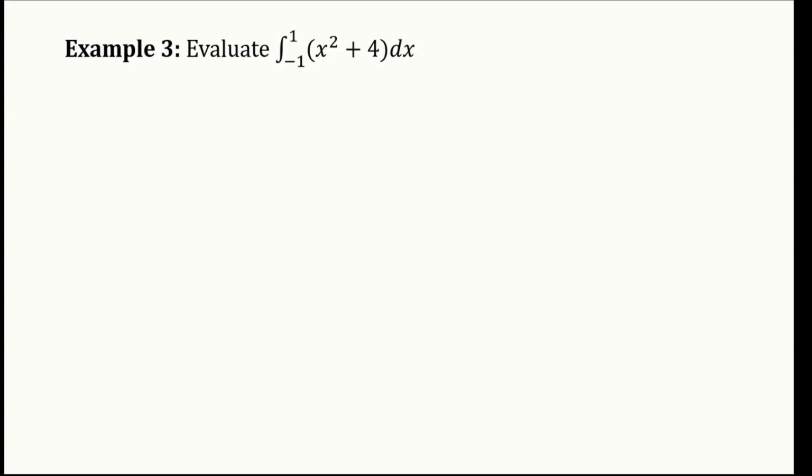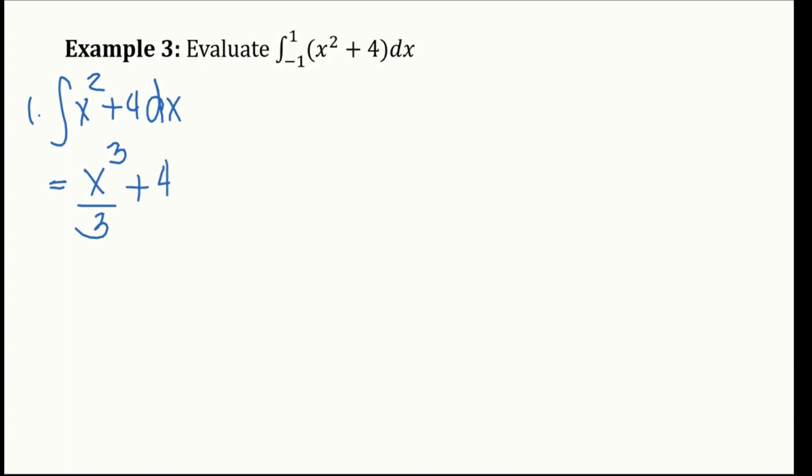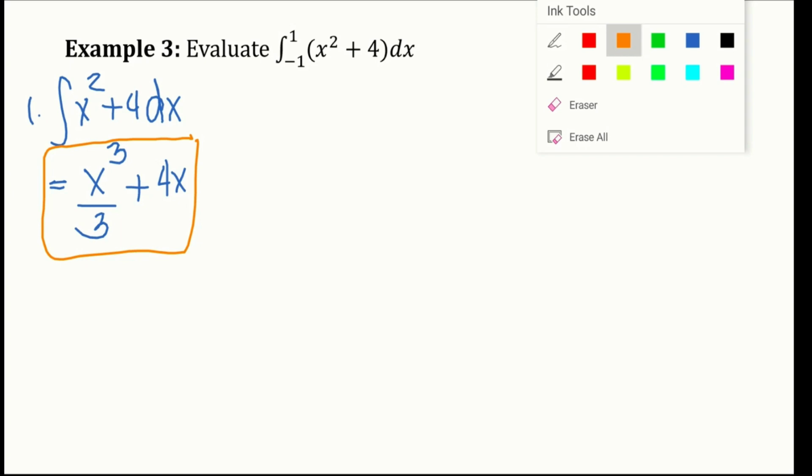So let's go to step 1, and this time we are going to integrate x squared plus 4. We will have x cubed divided by the new exponent, which is 3, plus 4x. And this is now our answer for step 1.